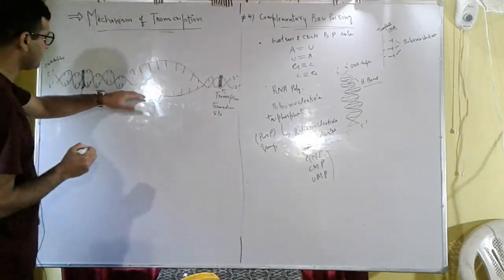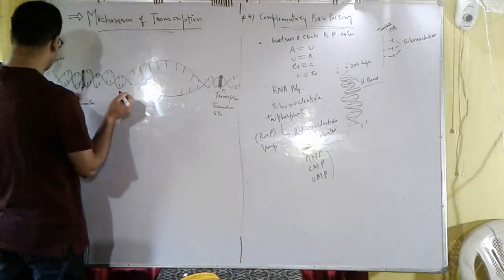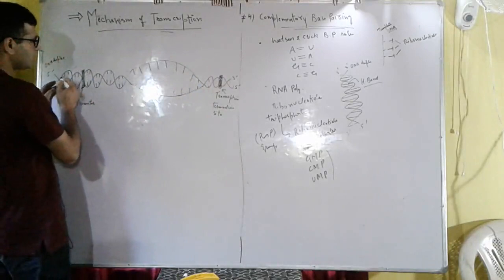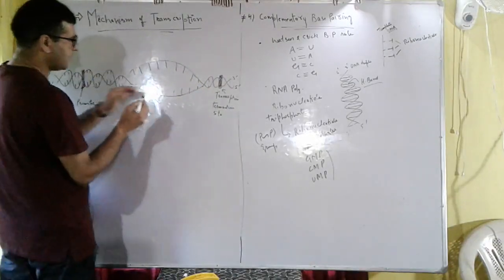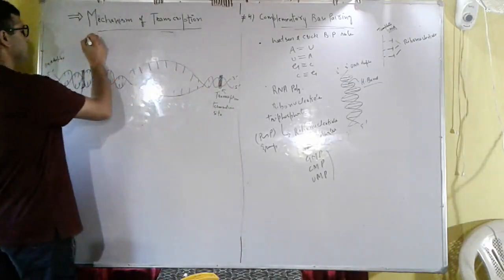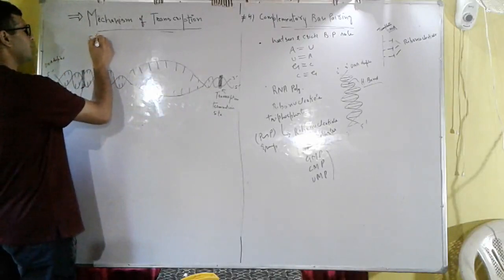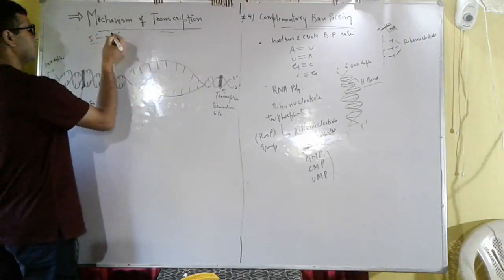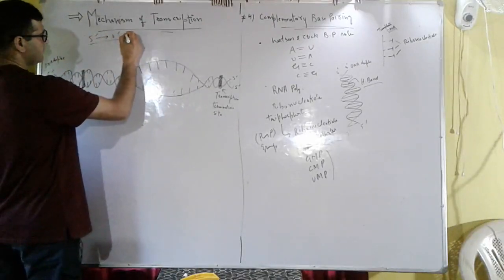So for example, this is called the template, which has polarity 3' to 5'. That will act as the template strand. Transcription always proceeds in the 5' to 3' direction. That means this is the direction of transcription.